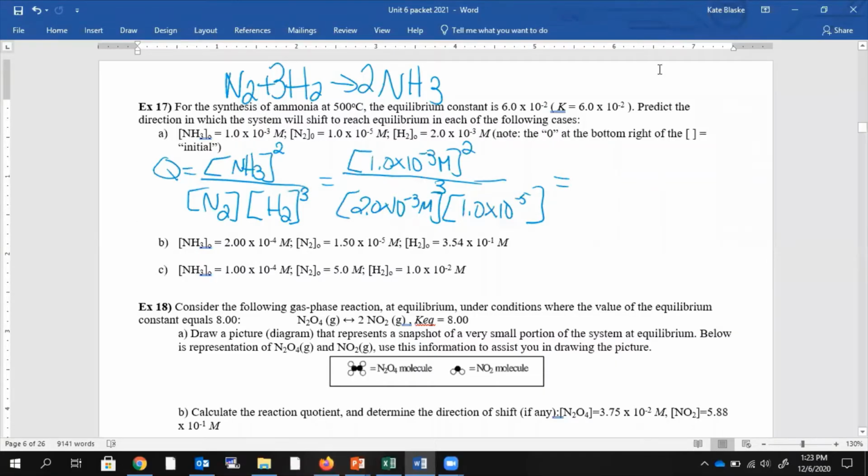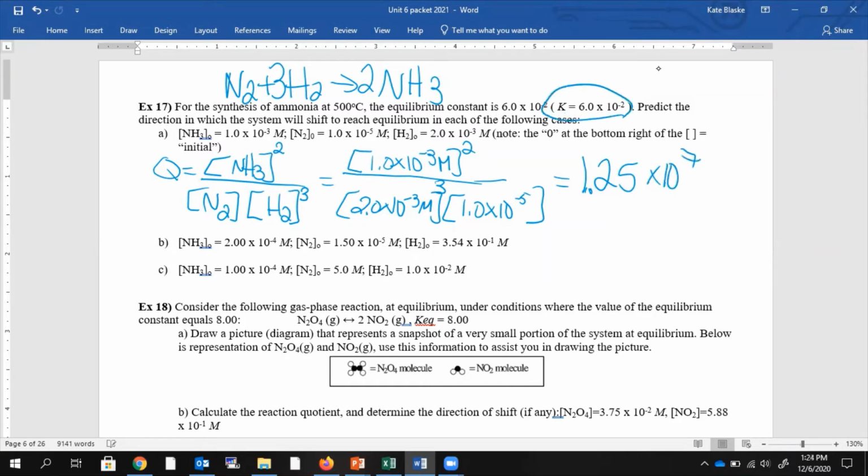When you're doing these calculations, you're going to have to get real familiar with your parentheses on your calculator and your EE or EXP button, because a lot of this is going to be in scientific notation. So when I do the math on this, I got 1.25 times 10 to the 7th.